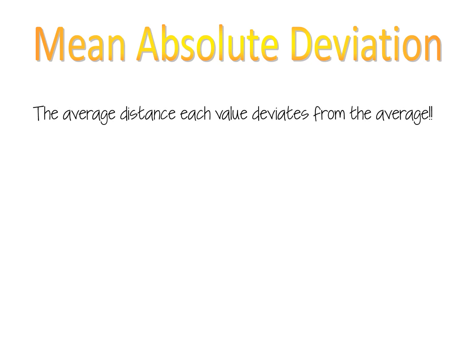First up, it is the average distance each value deviates from the average. Just to clarify, it's talking about, on average, how far away is each value from the average. So that's mean absolute deviation.